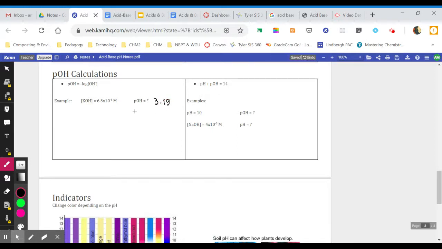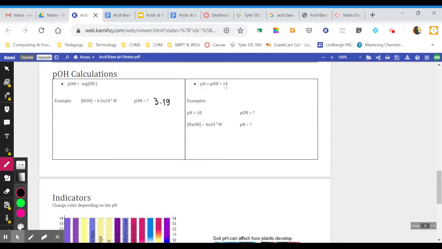The thing is that, like I said, most sciences don't care about pOH. They only care about pH. And so for us to be able to go back and forth between the two, we have to know that relationship. pH plus pOH equals 14. And if you remember the pH scale, the highest number is 14. And that's kind of where this comes from.